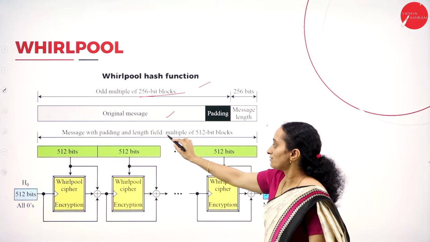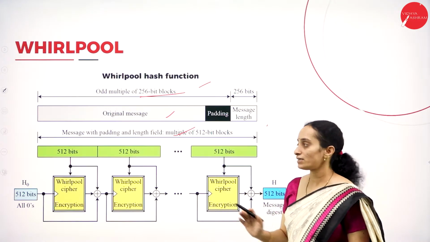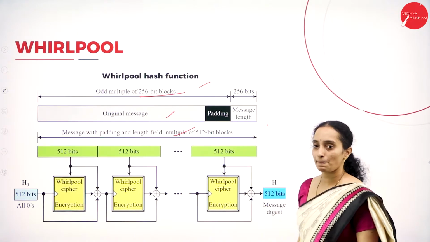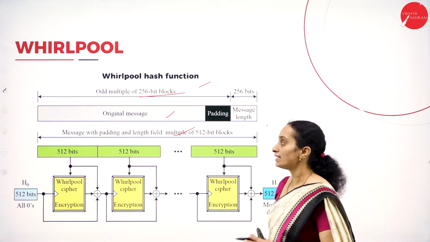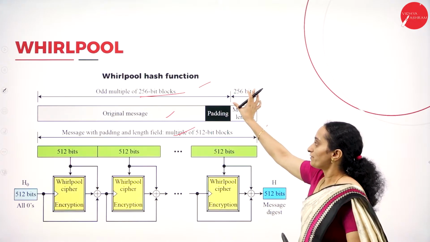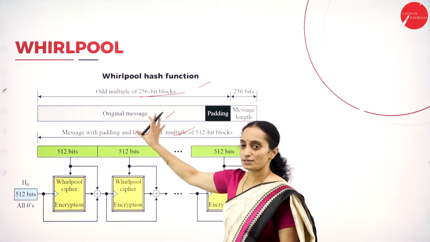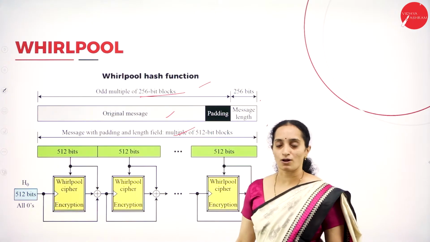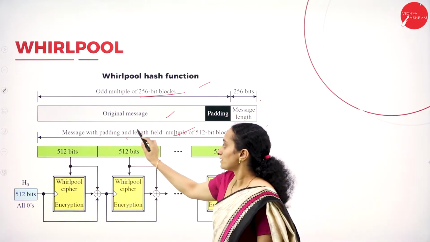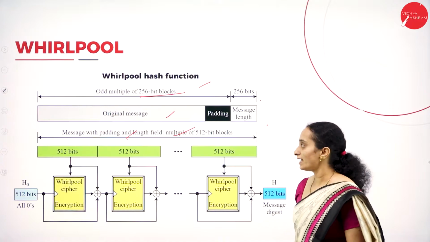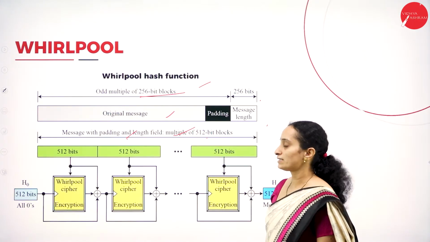Okay, so the message with padding and length field will have multiple of 512-bit blocks. 256 bits will be for the message length and the original message will have an odd multiple of 256-bit blocks. So the message with padding and length field has multiple of 512-bit blocks.